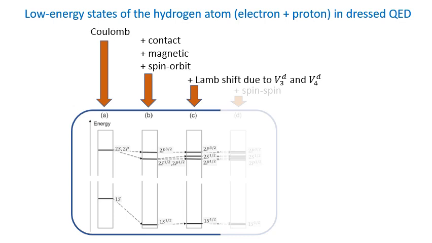If we now add to the mix the third and fourth order contributions to the dressed potential, we will obtain the so-called Lamb shift, which splits the 2p 1/2 and 2s 1/2 levels. Finally, the hyperfine structure is revealed after we take into account the spin-spin interaction of the proton and electron. As you can see, the dressed theory in the first order provides a very good approximation to the experimental atomic spectra.